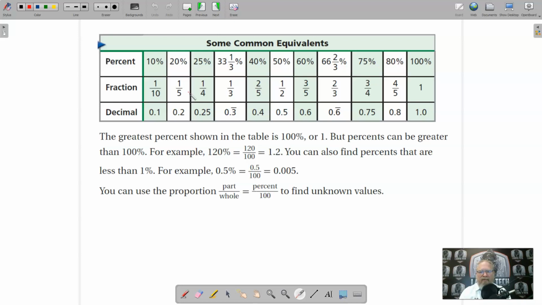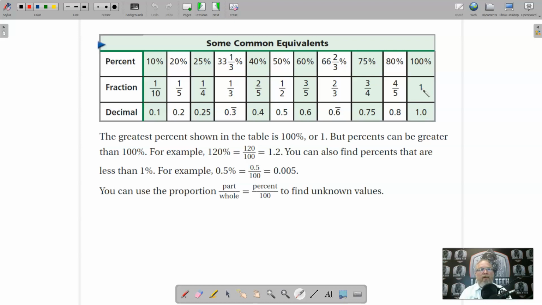So there are 5 20ths inside of 100. So you count 20, 40, 60, 80, 100, right? So 20% is 1/5, or 0.2. 40% is 2/5, or 0.4. 60% is 3/5, or 0.6. And 80% is 4/5, or 0.8.